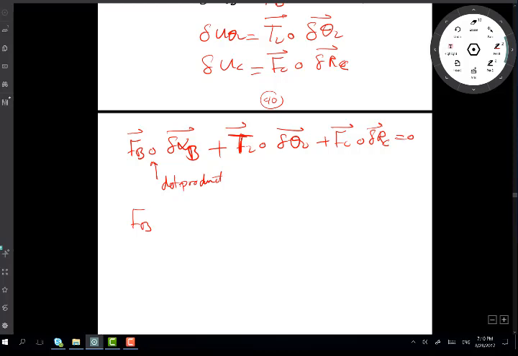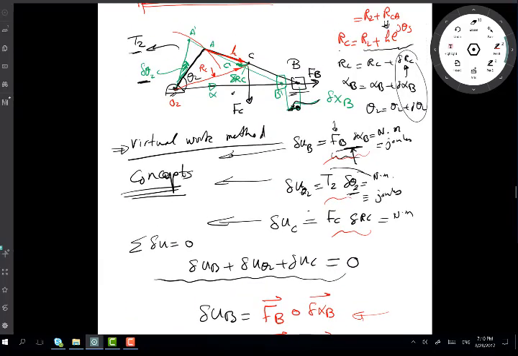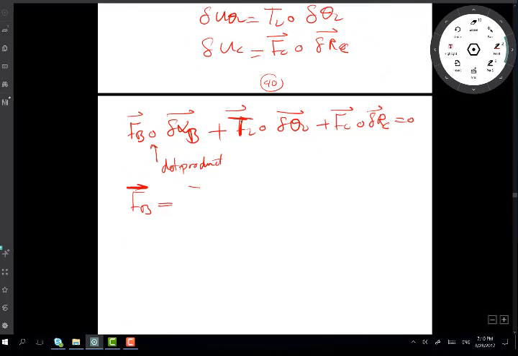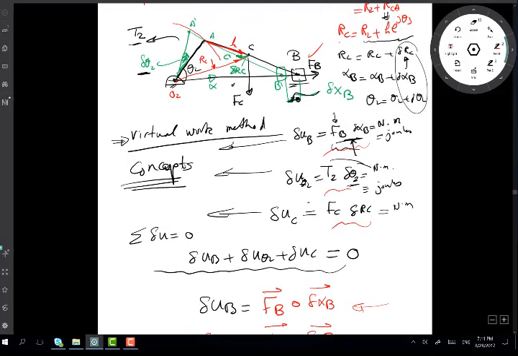FB is a vector, and I just put this half arrow on top of things to remind you it's a vector. And if we look at FB here, it's a force, and as a force, it's a vector, and it has a magnitude FB, and there is an angle 0, as you can tell, based on how I draw it here, right?